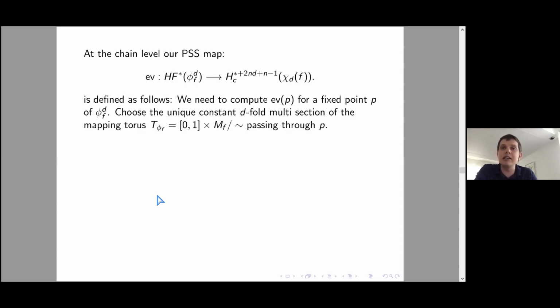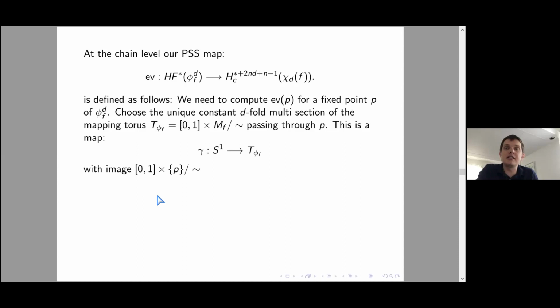So I choose the unique constant d-fold multi-section. Remember, I'm also considering phi to the d, but the mapping torus I'm working in is just the mapping torus of phi f. So I choose the unique constant d-fold multi-section of my mapping torus passing through P. Just to be clear, what does that mean?